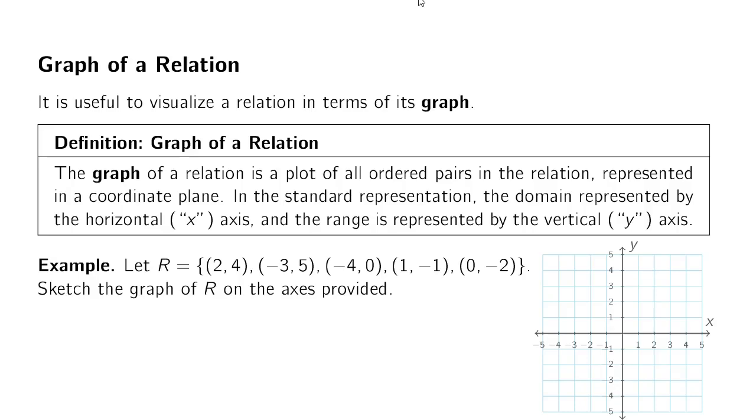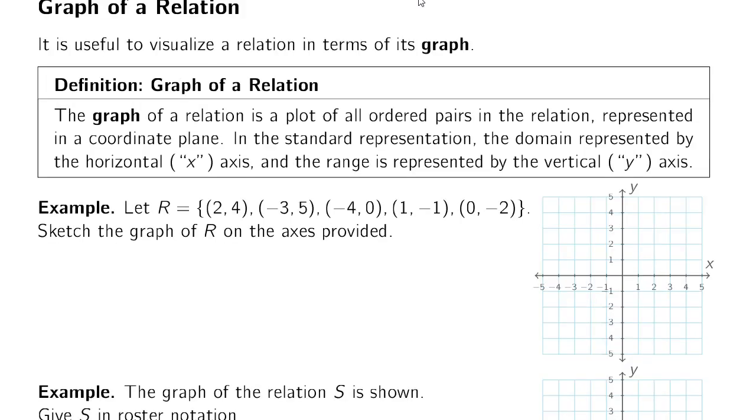So if we have the relation R that consists of these pairs, we can represent each pair with a dot on the graph.